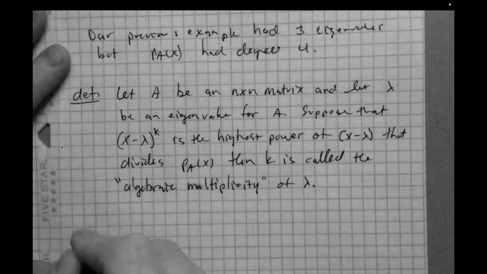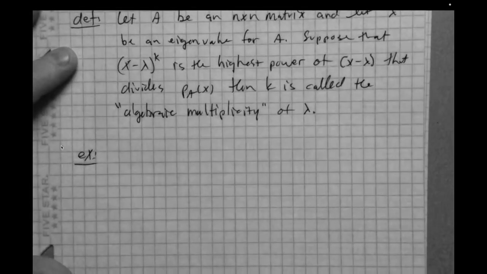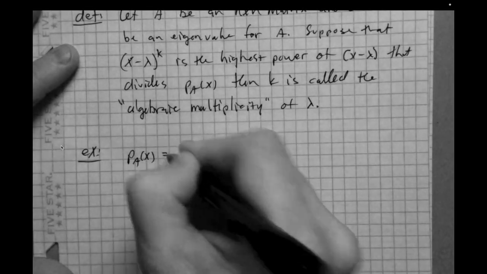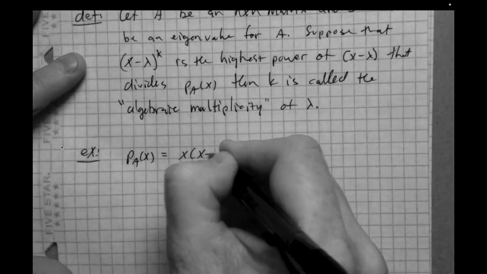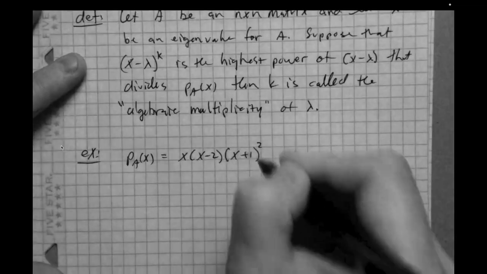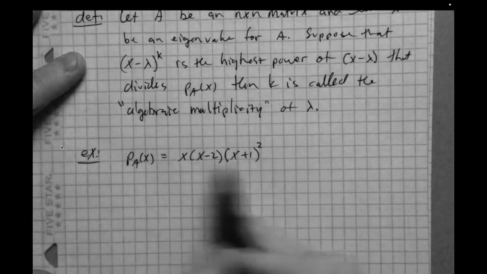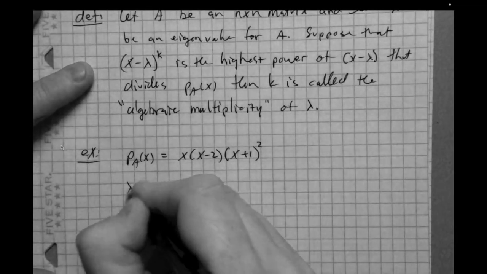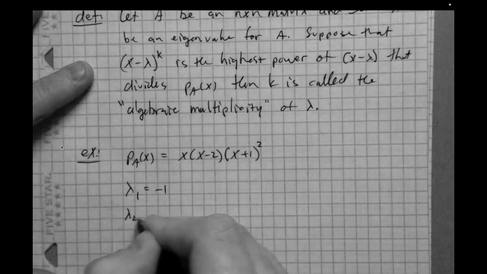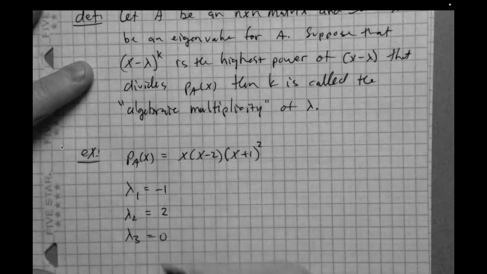So just a quick example, just to make sure this is clear. Previously, we had a characteristic polynomial that was equal to x times (x minus 2) times (x plus 1) squared. Right, so we said that we have lambda 1 equals -1, lambda 2 equals 2, and lambda 3 equals 0.